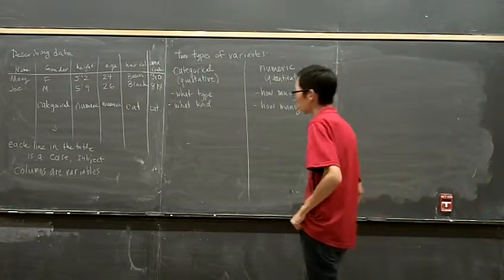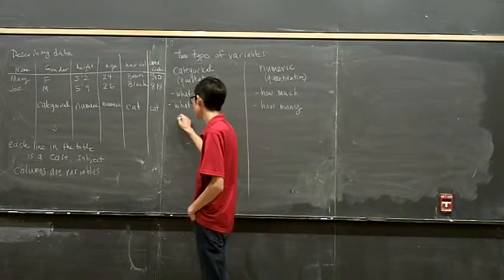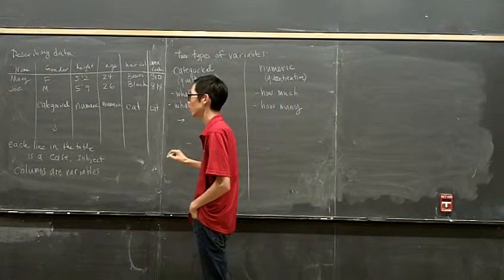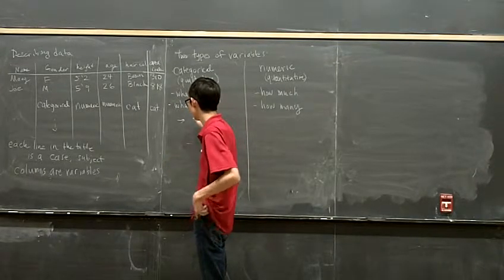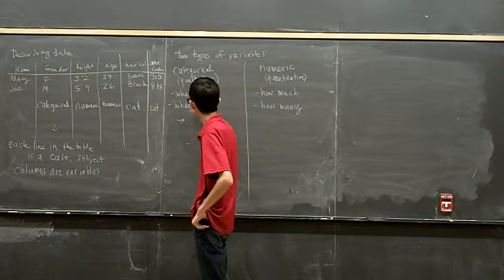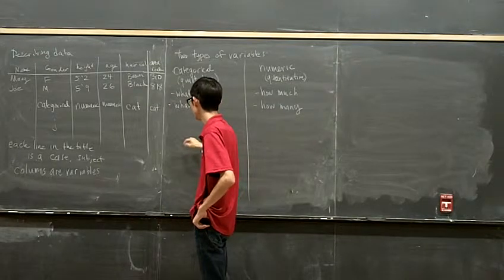We can further divide the categorical variables; there are subtypes. You don't have to worry too much, but the categorical can be further divided into nominal and ordinal.